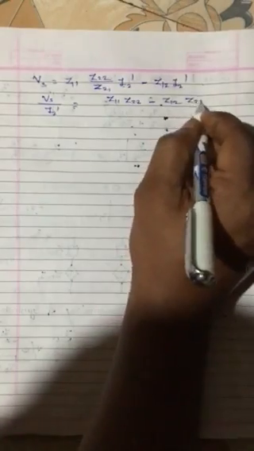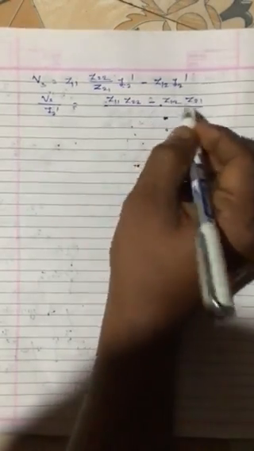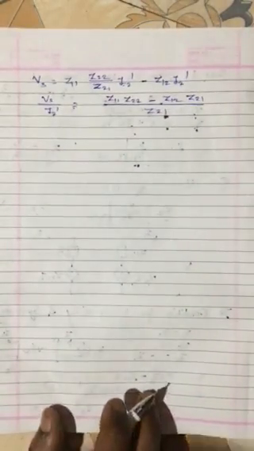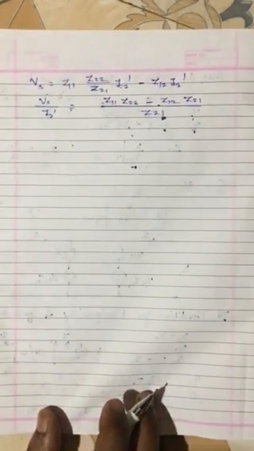Now if I take I2 dash common and take it to the left hand side, it will become Vs upon I2 dash, and on the right hand side the new expression will be Z11 into Z22 minus Z12, and we will multiply the denominator and numerator by Z21, so Z21 divided by Z21. Okay, so this is the equation we have got.